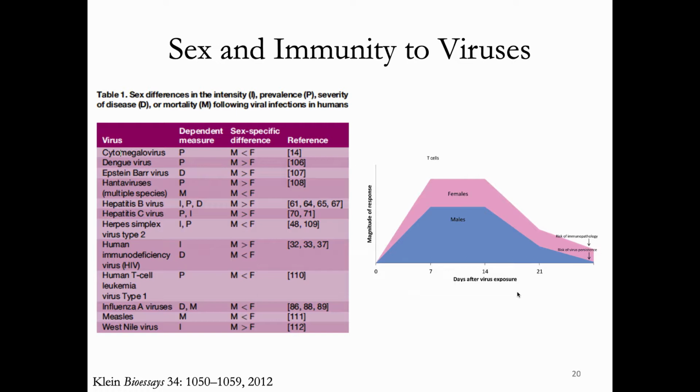And so, in fact, the virus is going to be worse. Men greater than women is what it says here, because virus is worse. The virus is persisting because of the lower responses. Whereas in women, because the responses are so high, we're more likely to have immunopathology. And in some of these where immunopathology causes a lot of the disease, we see problems in women.